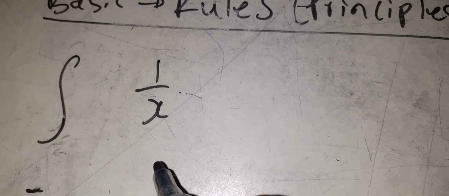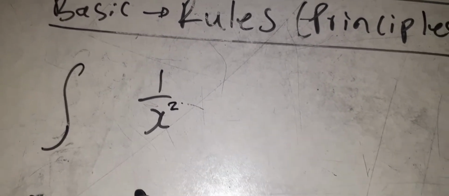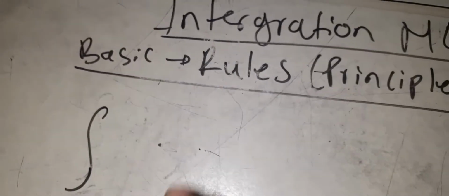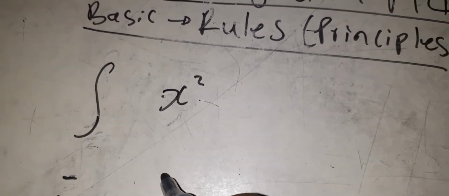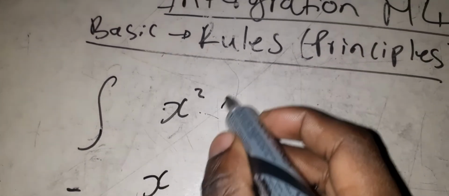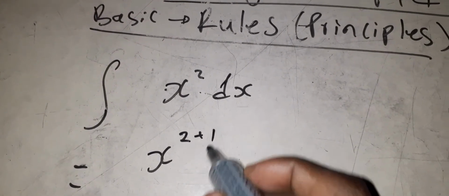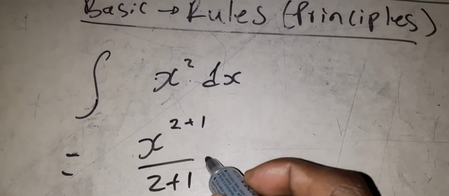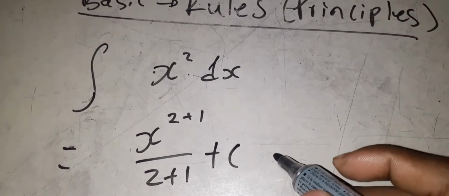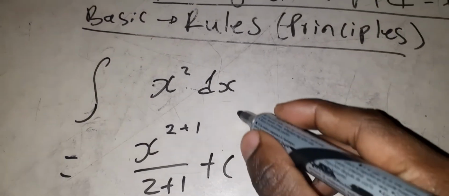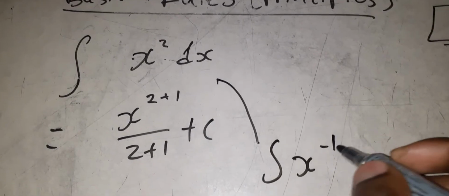Now remember that on the power rule, let's just write it like x squared. If you have something like this, you just say x to the power of 2 plus 1 over 2 plus 1 plus c. Yes, the power rule. But what if you are given a situation where they say x to the power of minus 1?